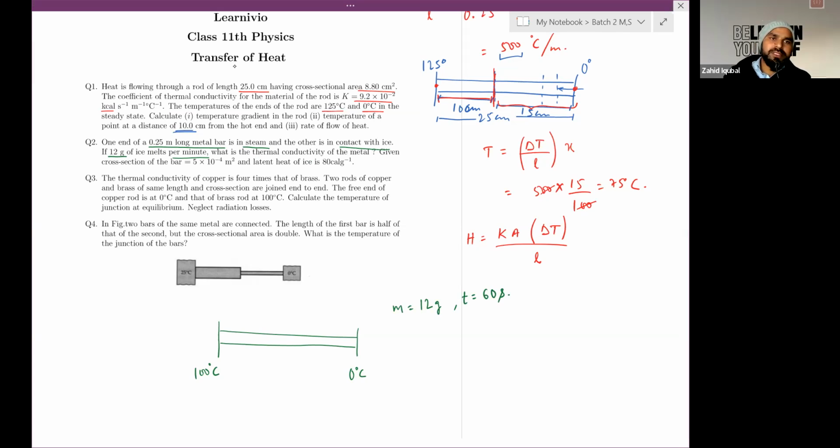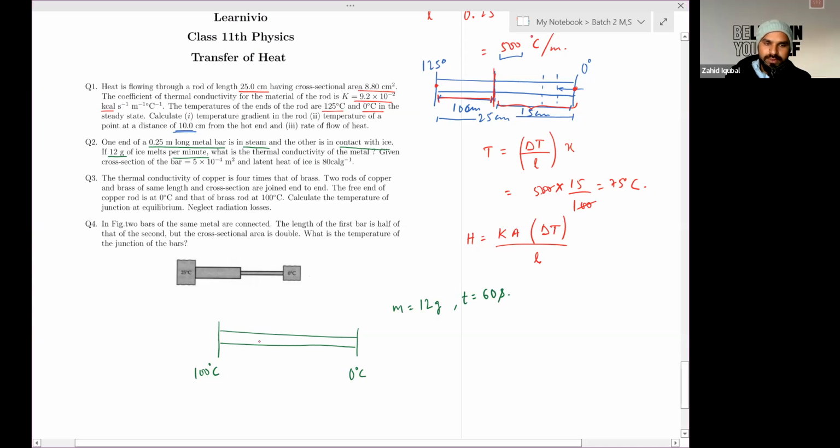Let me explain the process behind it. Heat current will flow from higher temperature to lower temperature. So H equals Q divided by T, which will be equal to K A delta T divided by its length. This Q will be enough to melt this much ice per unit time, that is 60 seconds.